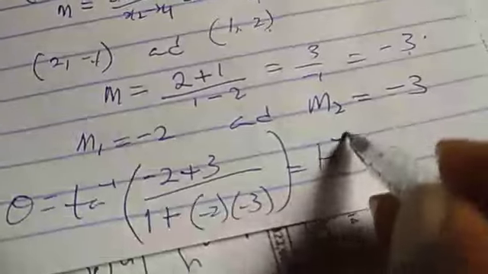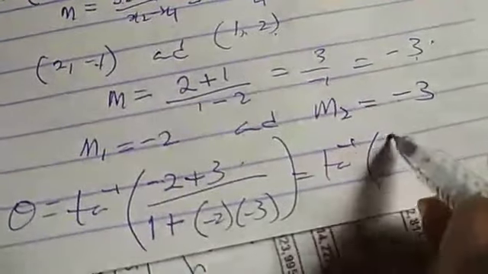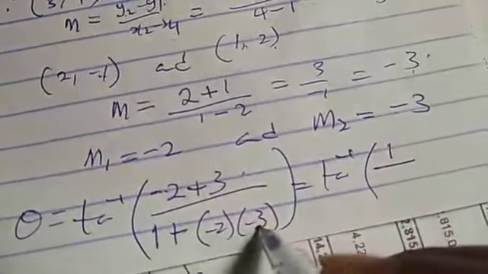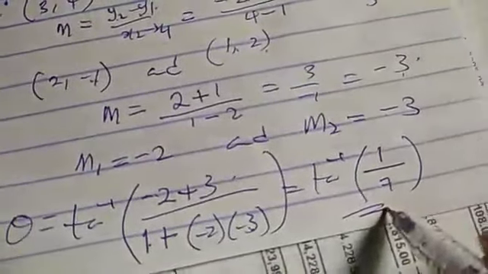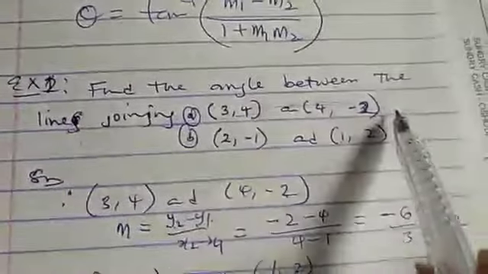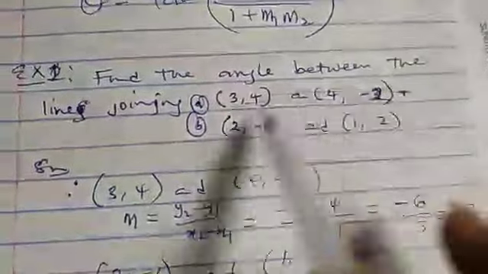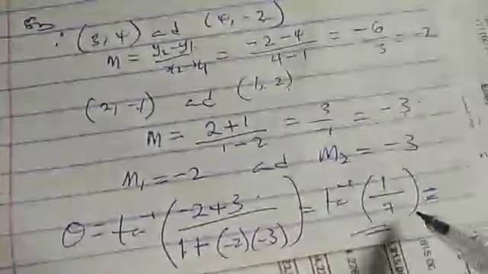This is arctan of, this plus this is 1, over 2 times 3 is 6, plus 1 is 7. So this is arctan 1 over 7. That is the angle between them. You can finish it off using your calculator and find arctan 1 over 7. This is one line, this is another line, so the angle between them will be arctan 1 over 7.